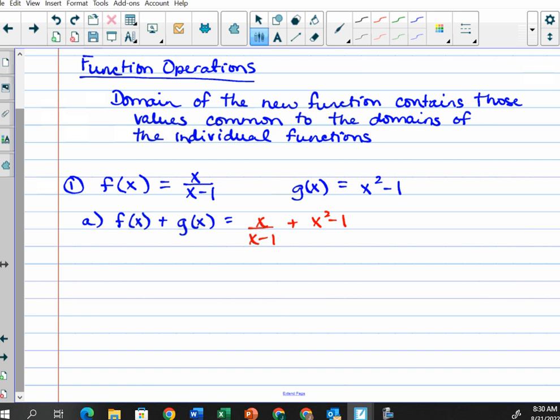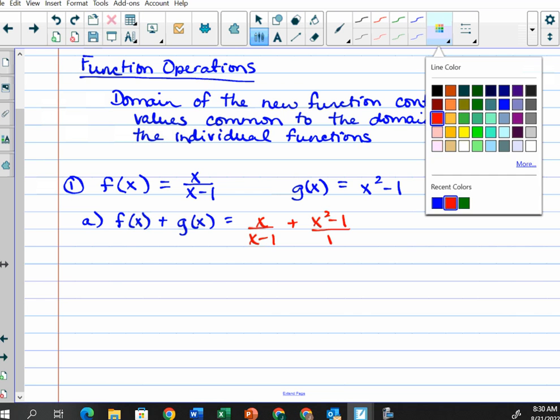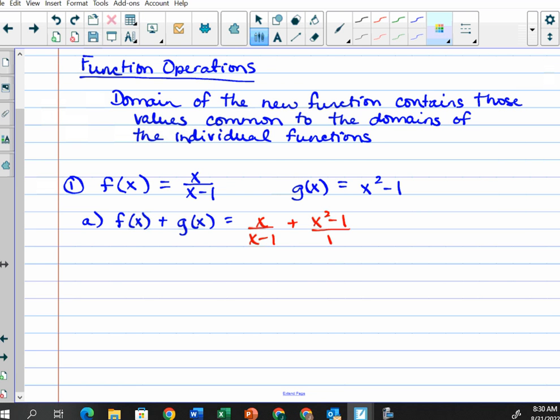Okay, can I just add those nicely? No, what do I need? Common denominator. Yeah, you can think of the second one, put it over 1. And then what would I need to multiply both numerator and denominator of that fraction by? X minus 1, good. That's your well-chosen one there.